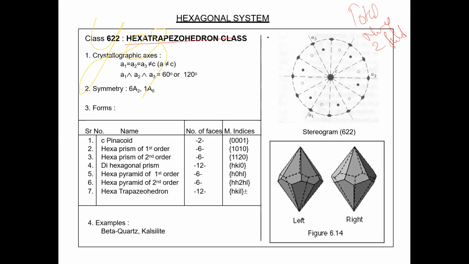No answer. There are 6 A2. 6 axes of 2-fold symmetry. Correct. All right, so let's move to the next class.